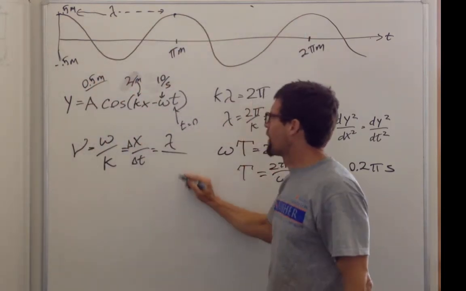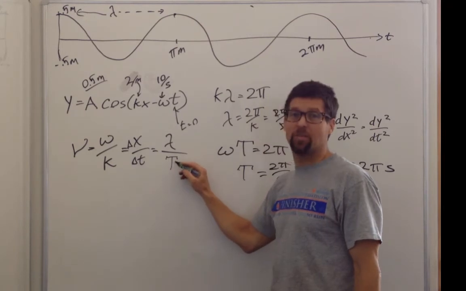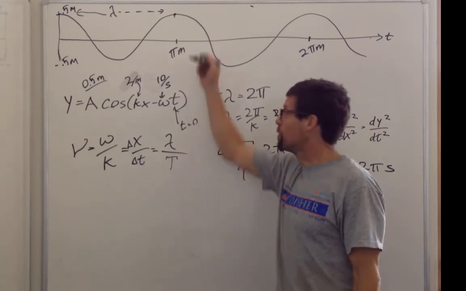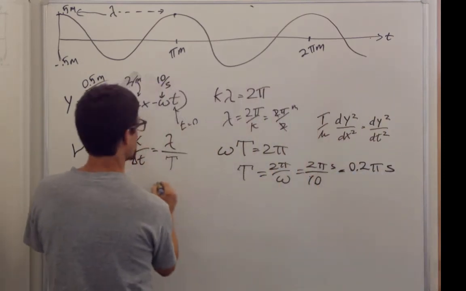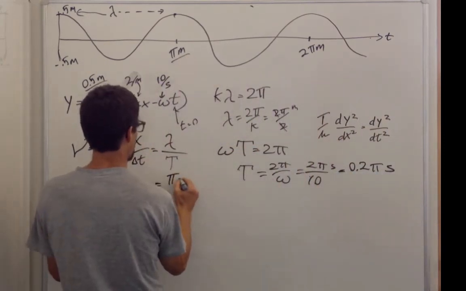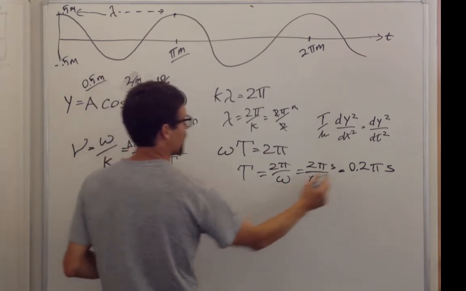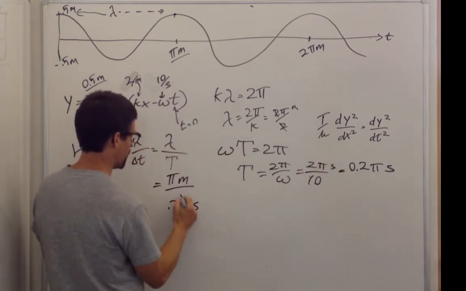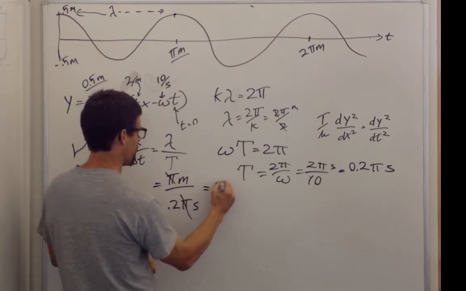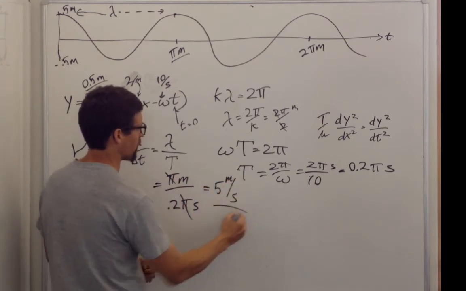So when the wave moves 1 lambda, time has to change by 1 period in order for me to be right back where I was. And so I can just put this in, and I get, it's pi meters long, the wavelength, and it goes by me in 0.2 pi seconds. And so the pi's cancel, and I end up with 5 meters per second.